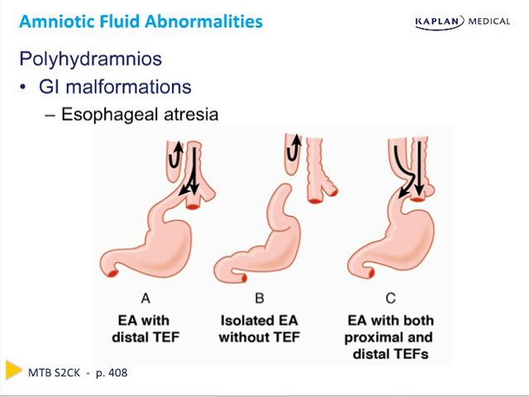And if you have a blockage of the esophagus, that means the amniotic fluid can't get into the GI system, and therefore it's all kept external to the baby, and that can be a major issue. So here you have three different types of esophageal atresia, type A being the most common, but this is to give you an idea that if that esophagus doesn't connect to the GI tract, you can see that it's going to cause a buildup of amniotic fluid external to the child.